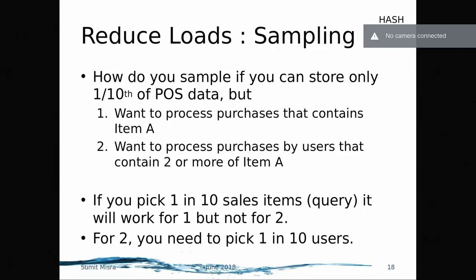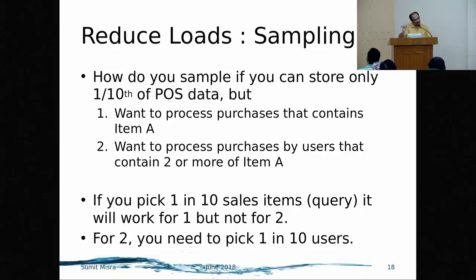That's the standard way. Now, will that work for every situation? No, because if my standing query, or my ad hoc query, is to find out purchases that contain item A, that's the problem statement that I'm trying to solve.